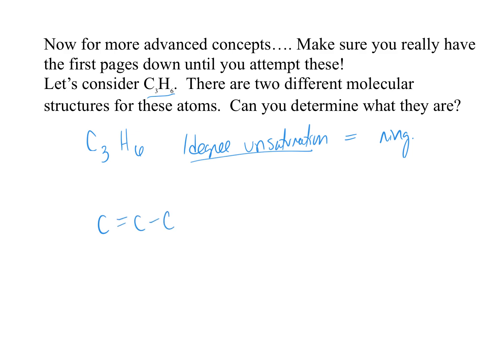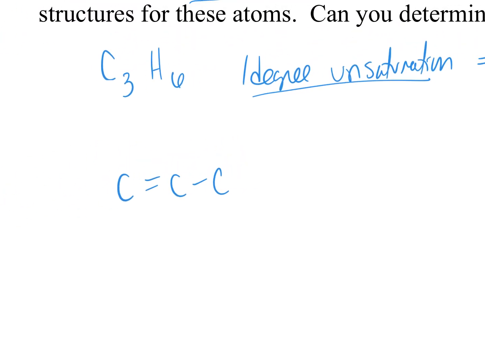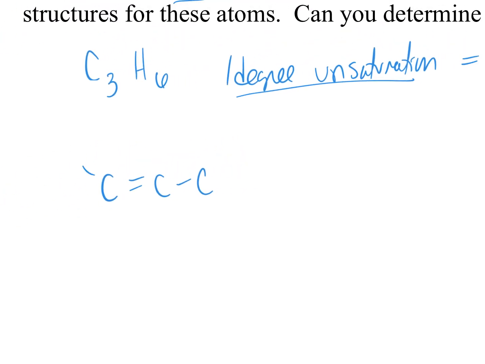We can have a double bond. Hydrogens would just need a few hydrogen here. There's your 6 hydrogen. Or we can put them in a ring. Now, you might have noticed these 2 things don't look alike. No, they don't.